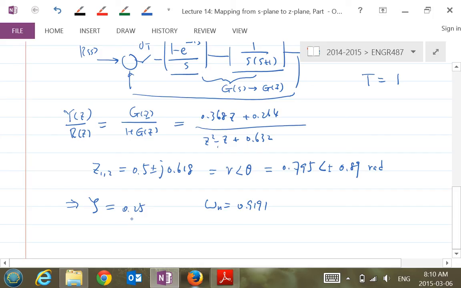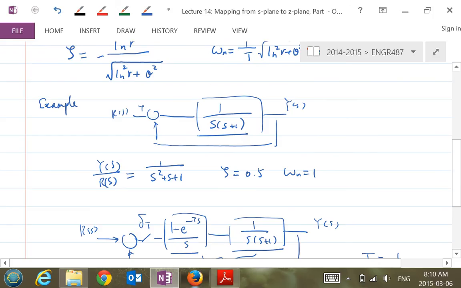That makes sense? So what does that mean? See, here's your original system. Zeta is 0.5. If you put in a step input, you're supposed to get something like this, because zeta is 0.5, so your overshoot is probably 16%.